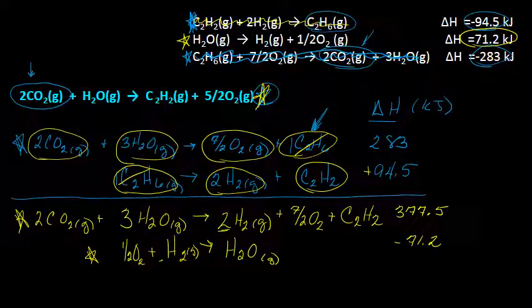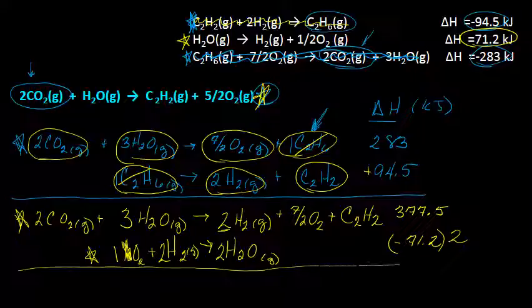If I multiply 1/2 times 2, I end up with 1. Multiply this times 2, I get 2 and 2. And yes, you have to multiply this by 2. Now we are ready to see what happens when we bring these down.